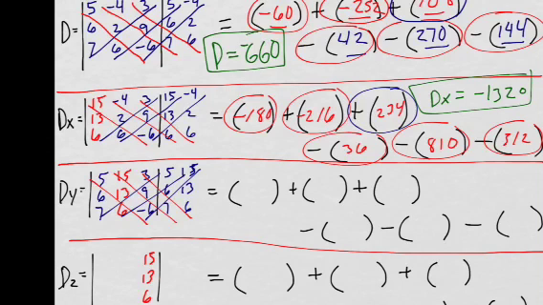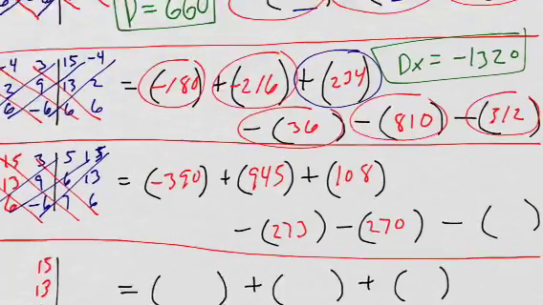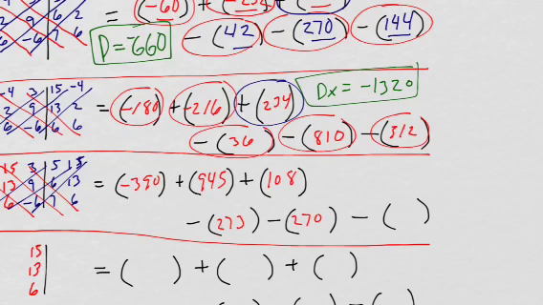So 5 times 13 times negative 6 is negative 390. And then 945, 108, minus 273, 270, and then I always have to be careful with this one, minus negative 340.